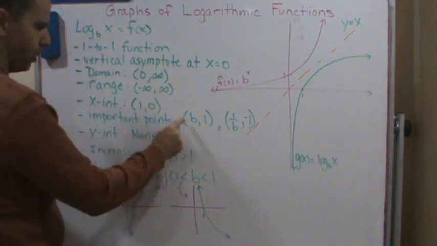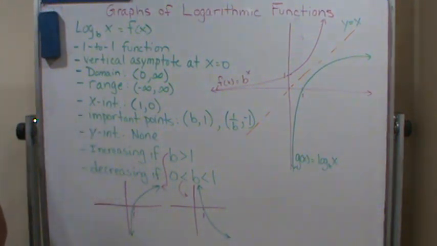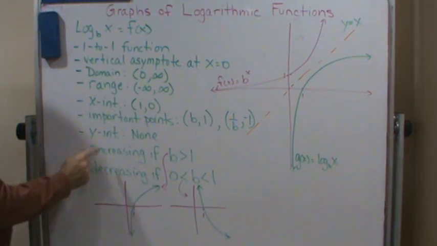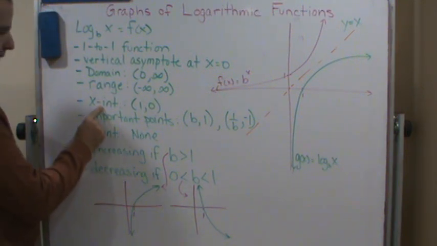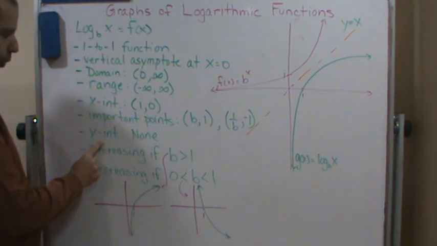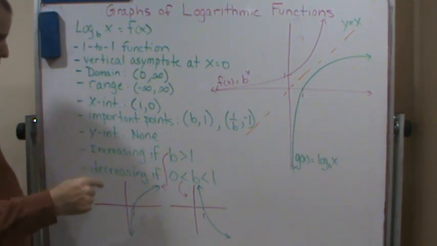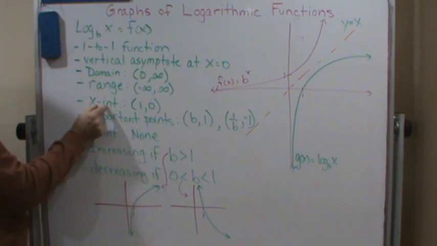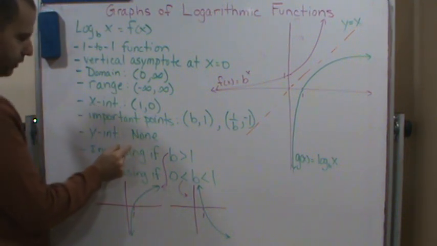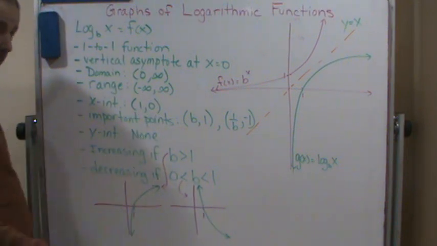So as long as you know those 3 points, you can graph the logarithmic function. And there is no y-intercept. Okay? So here we have an x-intercept and no y-intercept. With the exponential, we had a y-intercept but no x-intercept, and the y-intercept was (0, 1).